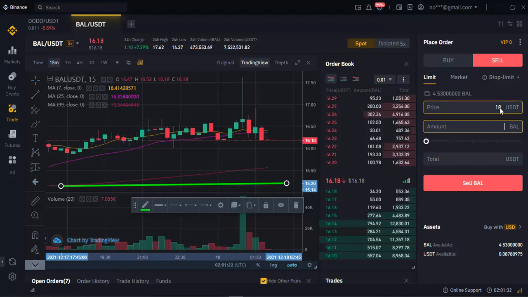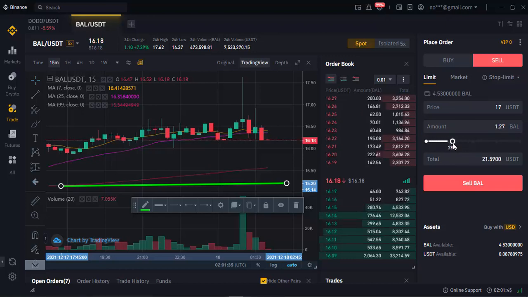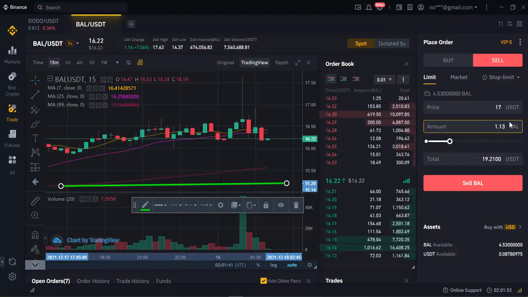You can say, all right, first of all, if the price gets to 17 USDT, I want to sell, let's say, 25% of it. You want to sell 25% of it, then you click sell.